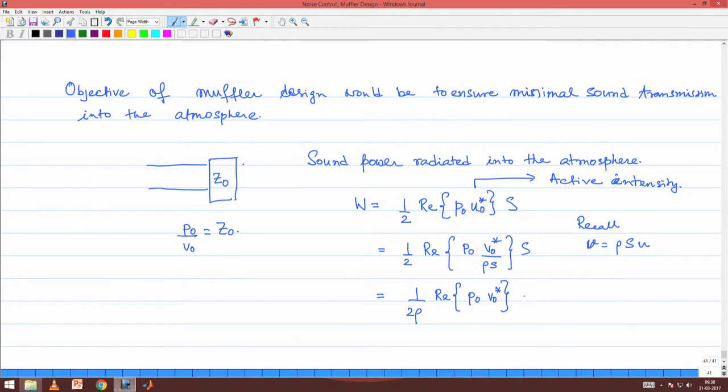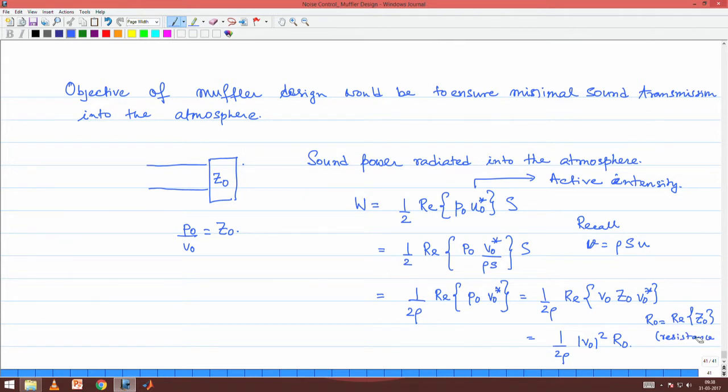So, therefore, I could replace P 0 as V 0 times Z 0 into V 0 star. That would make it 1 by 2 rho mod V 0 square. Real part of Z 0 is what matters, which is the resistance. Okay. So, R 0 is the real part of Z 0, which is the resistance.